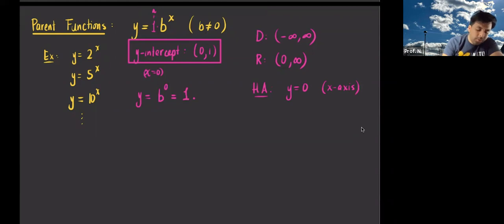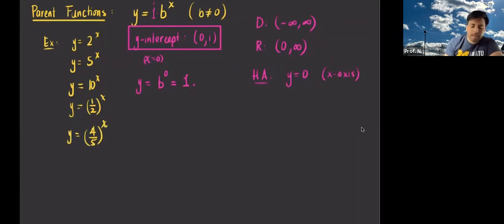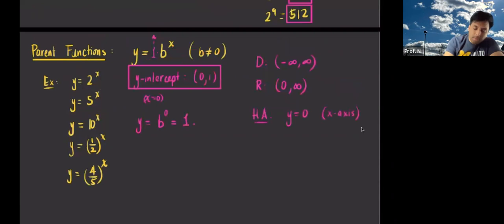And you can also consider these as parent functions. Like if you have 1/2 to the x, or if you have any fraction, 4/5 to the x, these are also going to be in that same category. Okay? And they have all of these characteristics. So let me write these as the characteristics.